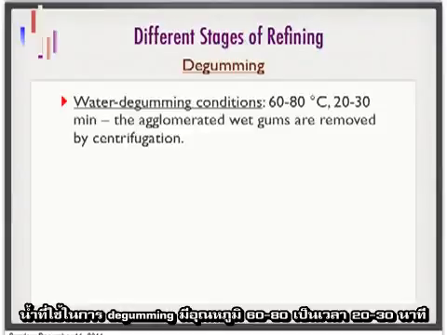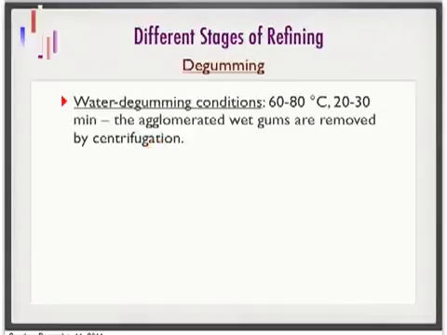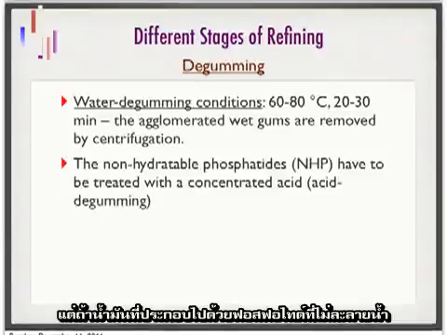For water degumming, these are the conditions: the temperature between 60 to 80 degrees Celsius, and the time between 20 to 30 minutes. And the wet gums that are formed can be removed by centrifugation. As I mentioned in the previous slide, we can use water degumming if the crude oil contains a high amount of hydratable phosphatides.